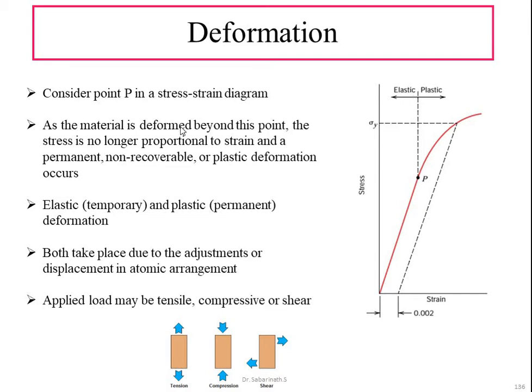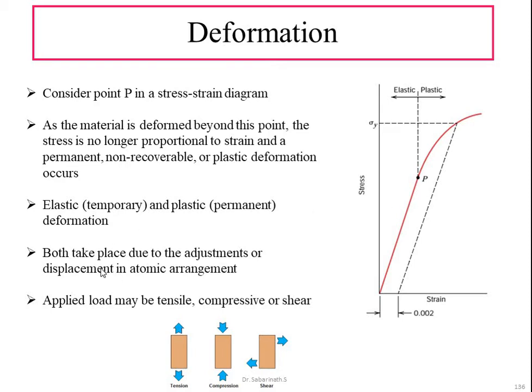Beyond this point the stress is no longer proportional to the strain, and a permanent, non-recoverable or plastic deformation occurs. Elastic deformation is also known as temporary deformation, and plastic deformation is known as permanent deformation.